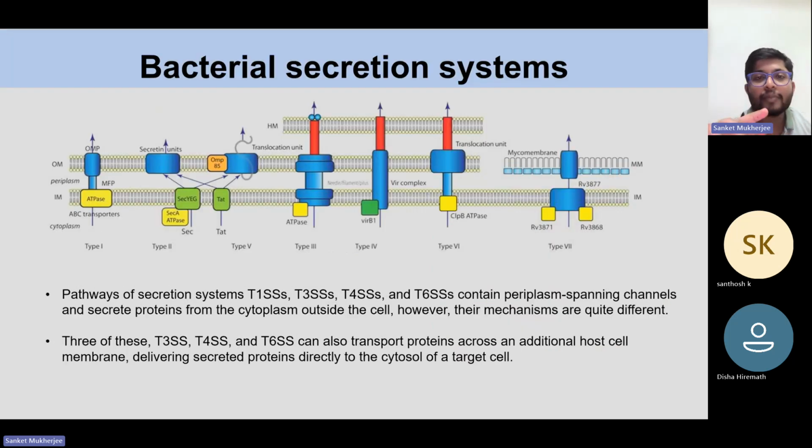There are different bacterial secretory systems which are known, like T1SS, T3SS, T4 and so on, and you can see all of them in this slide.